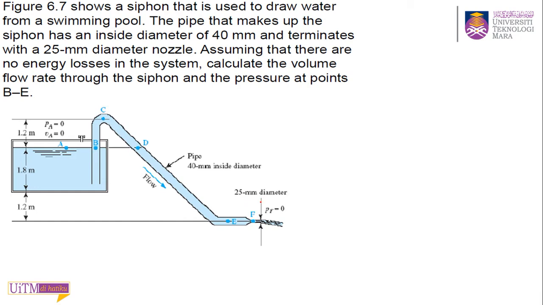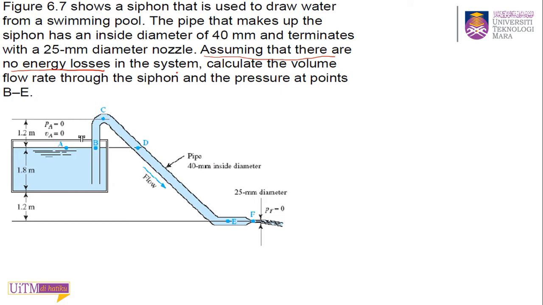Assuming that there are no energy losses in the system, if you can recall why they always mention this in a question, it is because in any system there will always be energy loss. So the Bernoulli equation cannot be applied directly.